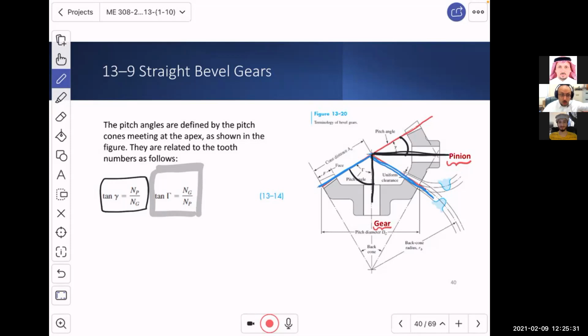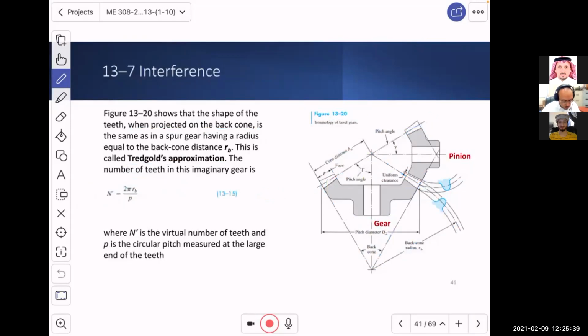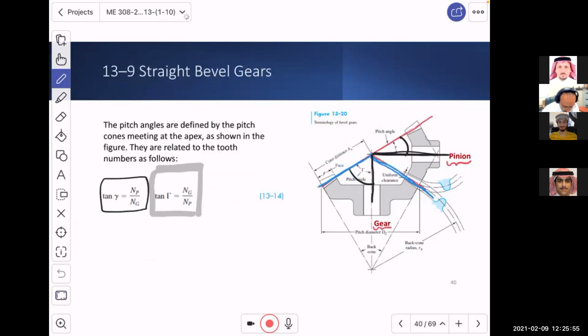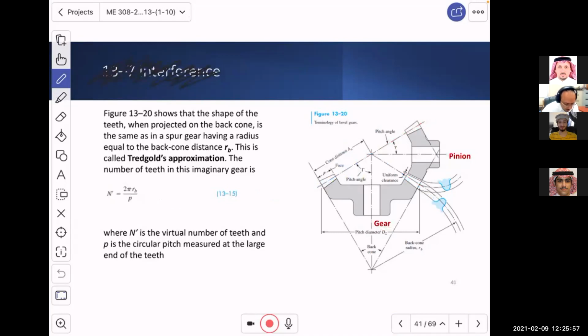Go and look at the textbooks; there are whole chapters about gears. So we are not done yet. I think this slide is wrong, this is bevel gear. I need to fix these things in the slide.